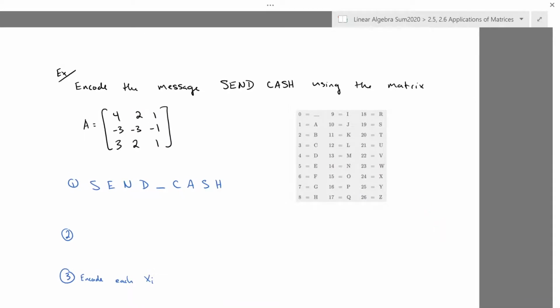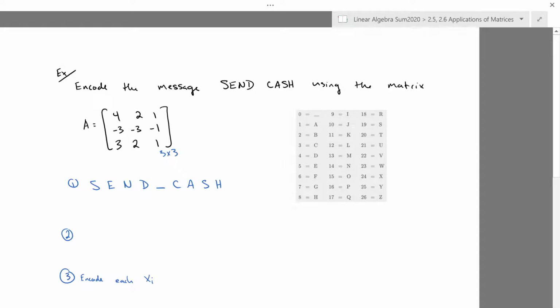Okay, so let's go through an example where we run through the process of encoding a message. Here we're given the message "send cash", and we also have our matrix A, which will be the key that we use to encode the message. Here we see A is a 3x3 matrix.